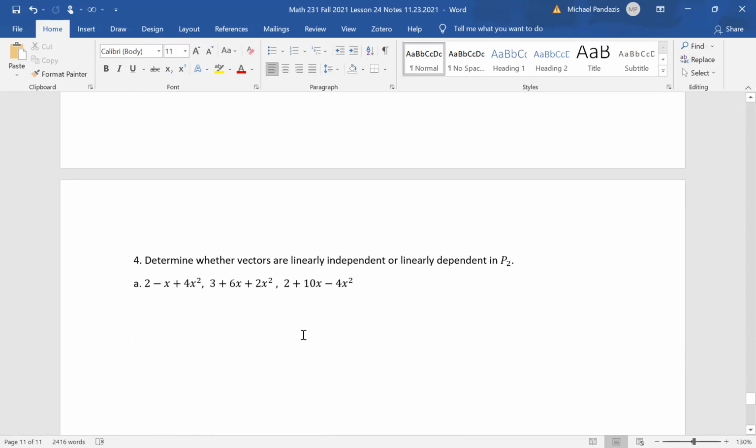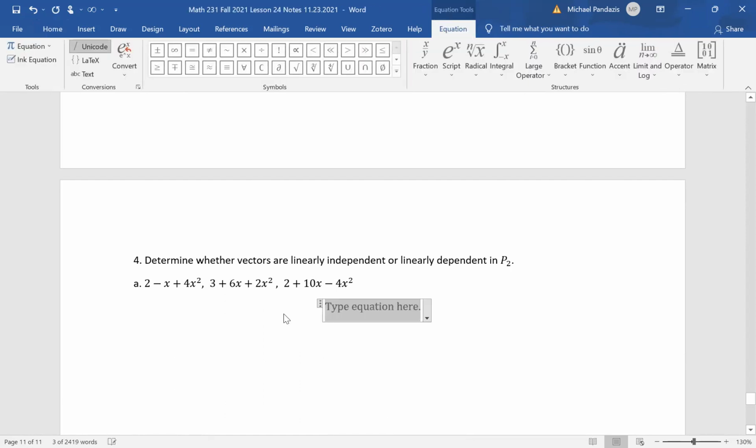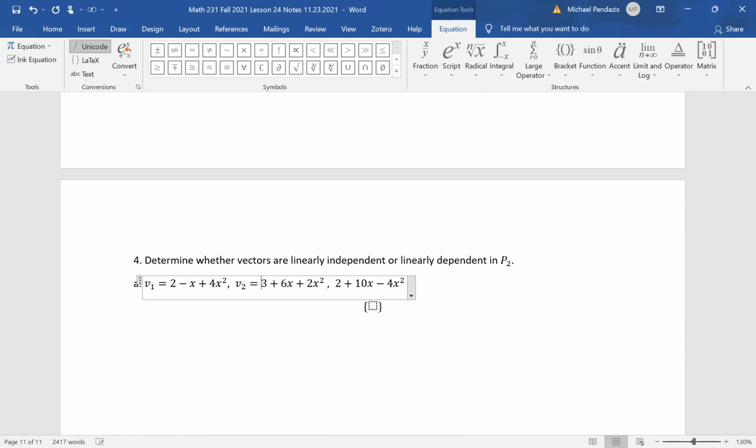Okay, so if you had the set, let me call this vector V1. Let me call this vector V2. And I'm going to call this one V3. So I'm giving them names.